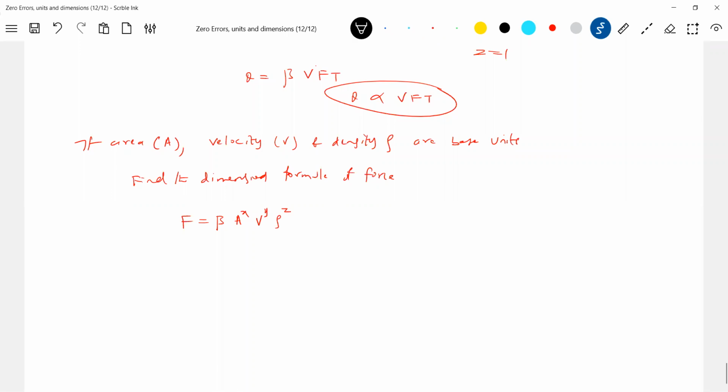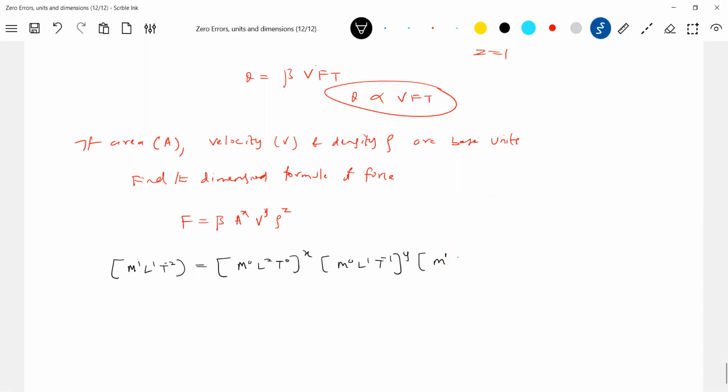So then in terms of dimensions, we will go for writing the dimensions. The dimensions of force will be M1 L1 T minus 2. Area is M0 L square T0 to the x, velocity M0 L1 T minus 1 to the y, and density is what?